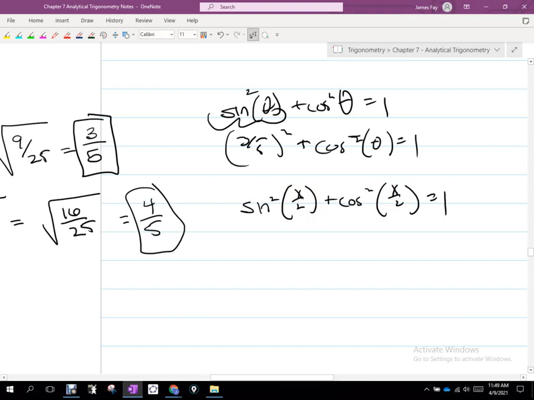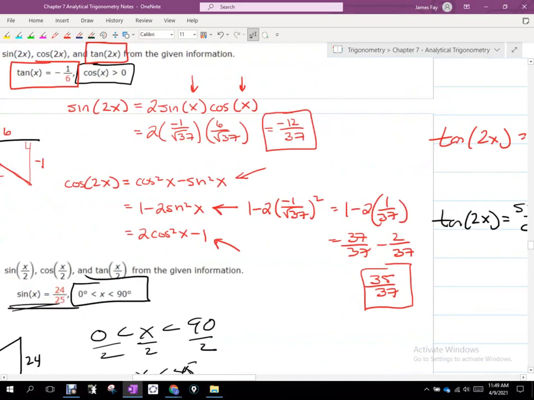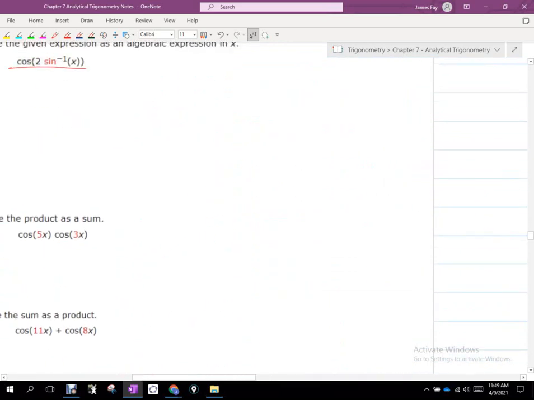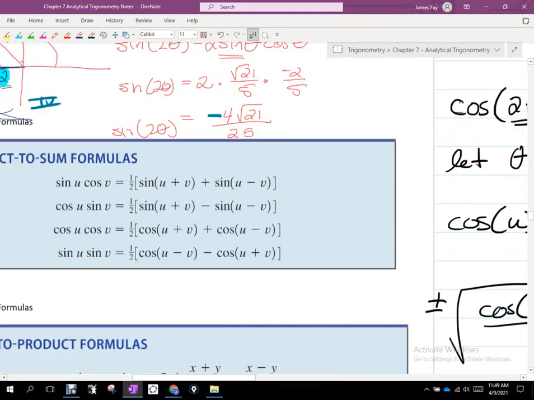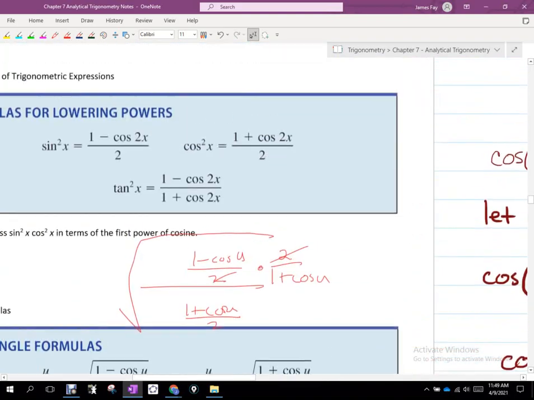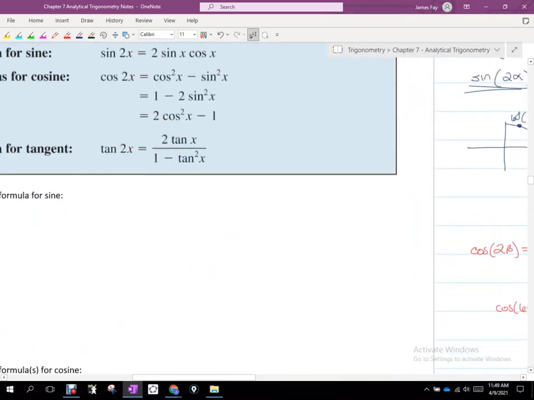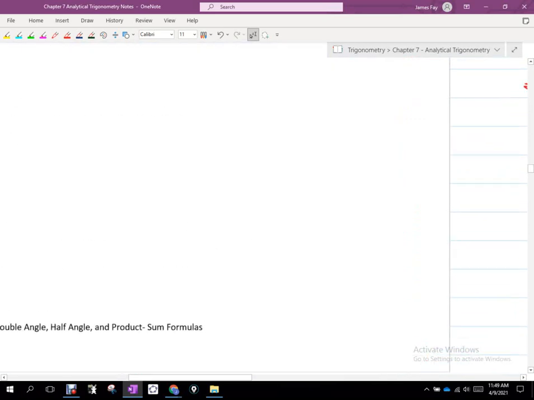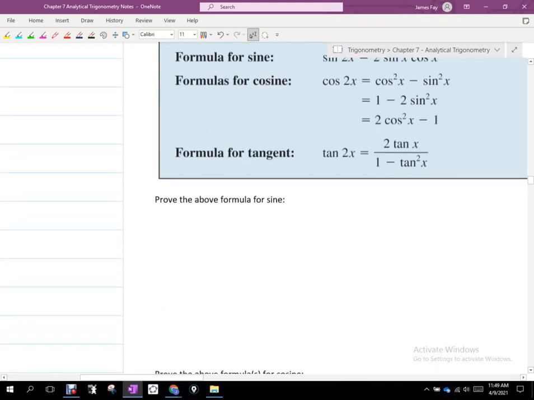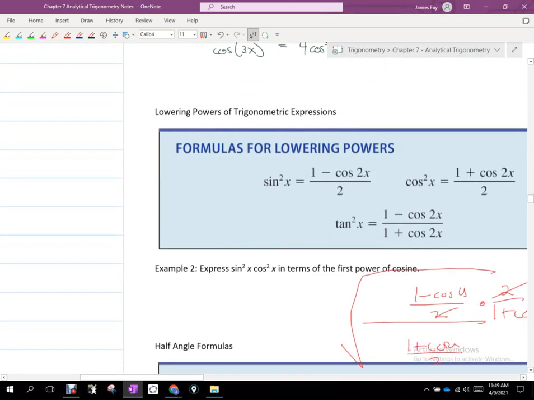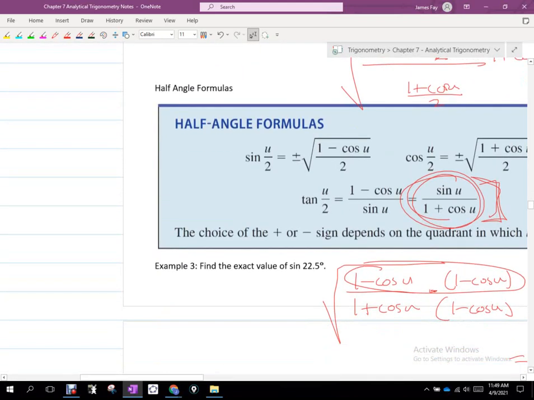If you remember, I think we went through the proof of this briefly with you guys. If you want to use the tangent half angle formula, it's sine of u over 1 plus cosine of u, or 1 minus cosine of u over sine of u.